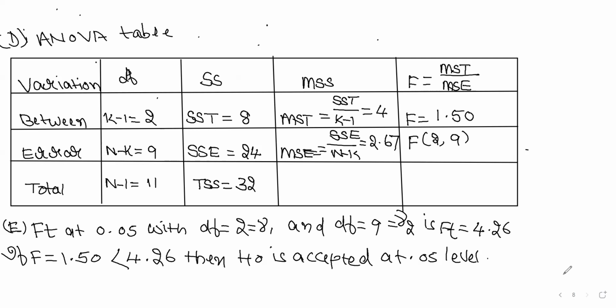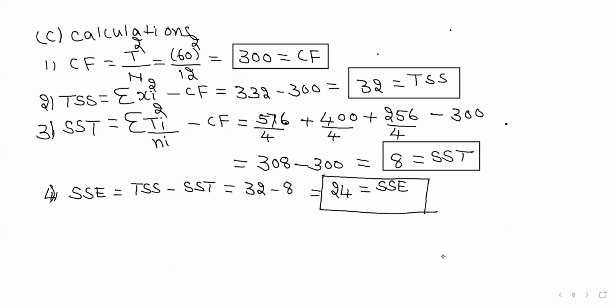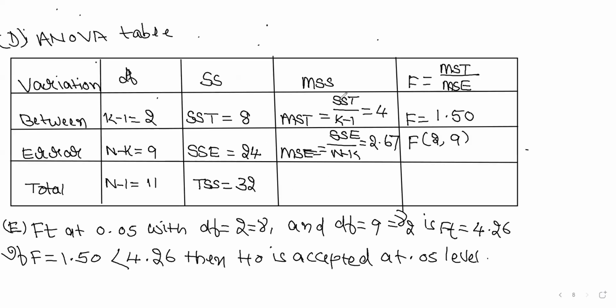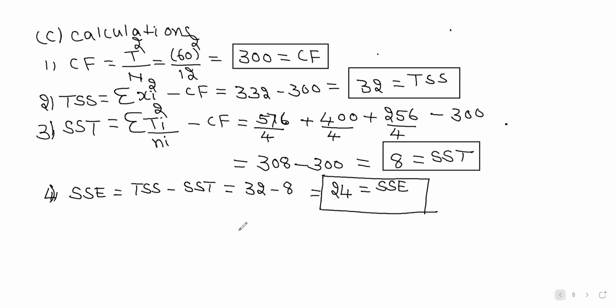Then SST, just now we have calculated SST, which is 8. That 8 you have to enter there. And SSE, we have calculated just now, is 24. And the TSS, last, is 32.